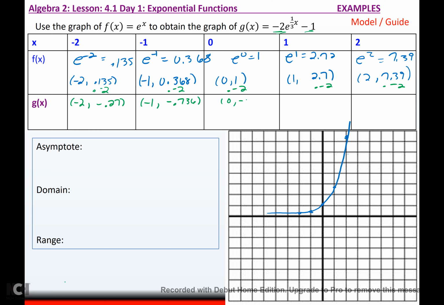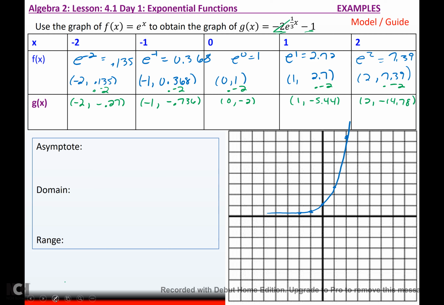This is going to be 0, negative 2. This is going to be 1, 2.72 times negative 2, negative 5.44. And this is going to be 2, 7.39 times negative 2 is negative 14.78.